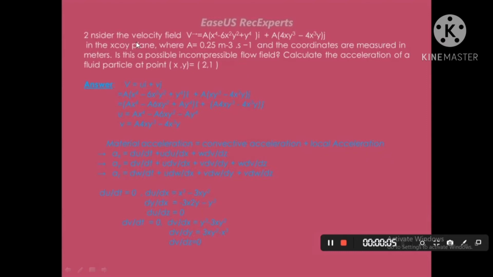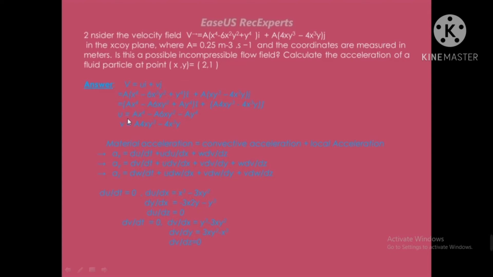For the second question, you give the velocity field V and the value of a measured in meters. We have to find the acceleration of a fluid particle at point (2, 1). Here is the solution. V equal to ui plus vj.